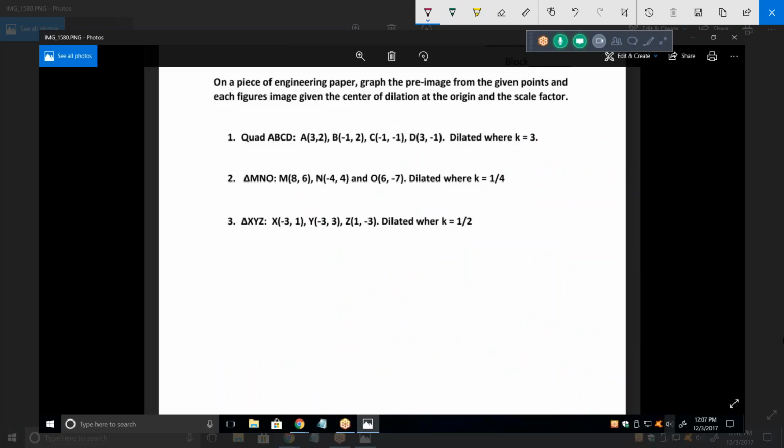All right. All of these are the pre-image. That was a quadrilateral, this a triangle. It doesn't really matter. Does not matter how many sides the figure has. The process is the same.